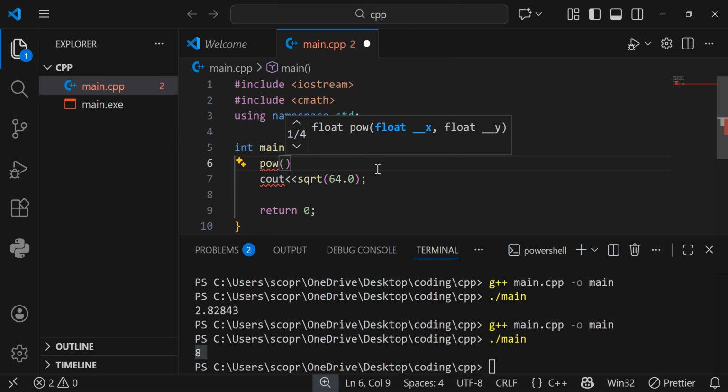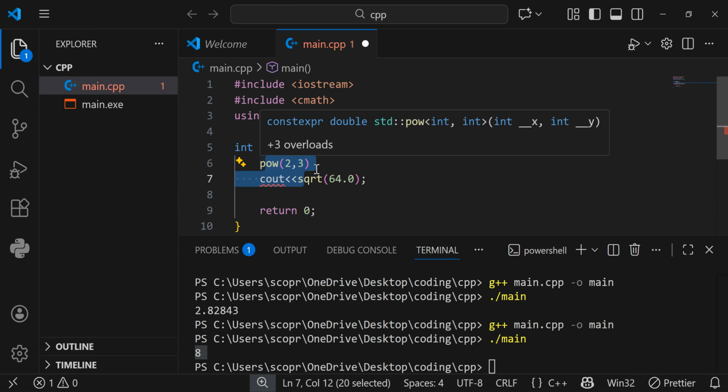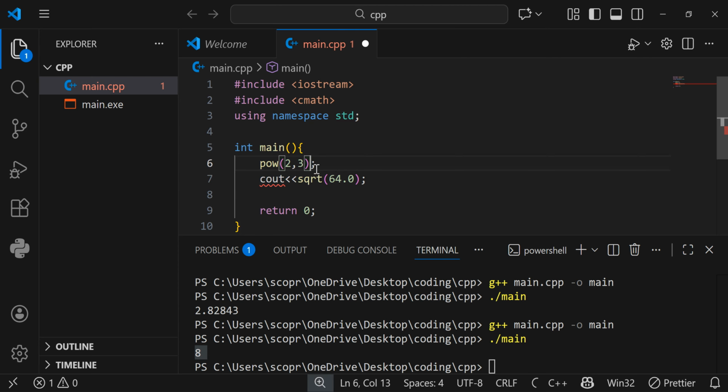If we provide 2 and 3, we have 2 to the power of 3. This means that 2 is raised to the power of 3, which means we get 2 times 2 times 2, three times, and the output we are going to get is 8.